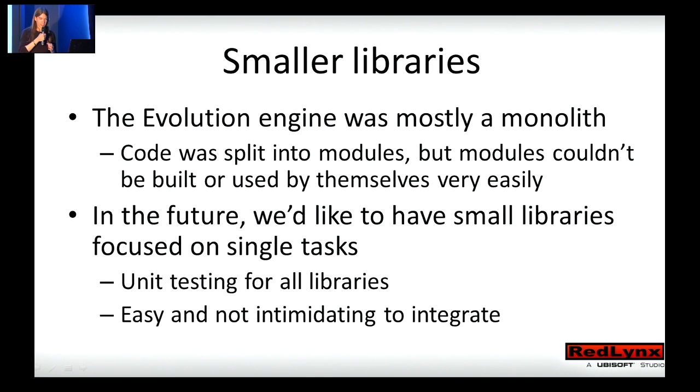We'd also like to get rid of this huge monolithic architecture. We're planning, or we have already started, heavily splitting these libraries into smaller pieces and writing unit tests for those, so that the testers can actually focus on testing the actual gameplay issues instead of imitating unit tests, which should have been already done by the programmers.